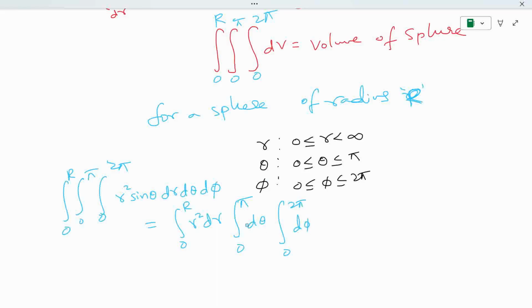Oh, sorry, here sine theta will be there. I forgot to put sine theta. So 0 to pi, and here we have sine theta d theta, and 0 to 2 pi, it is just d phi.